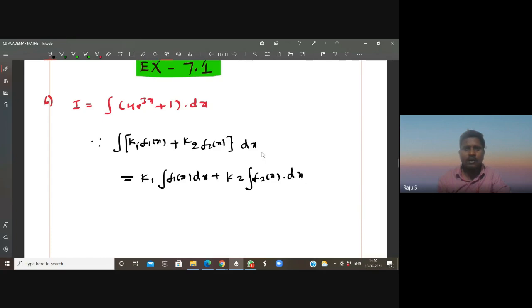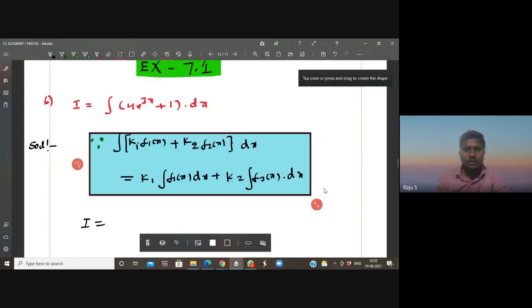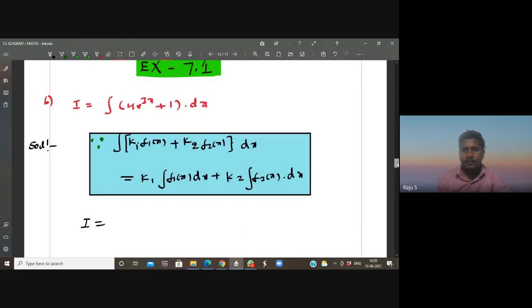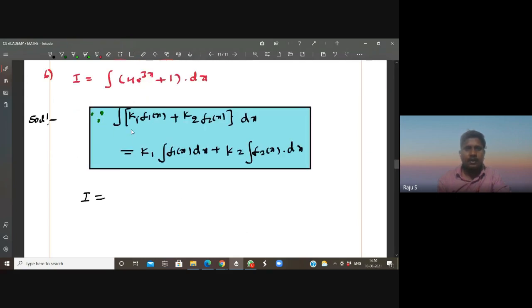This is not necessary in objective questions, but you must write the properties in NCERT. With the help of this, I am going to find the integral value. I is equal to, with the help of this property, yes, you can apply this property. 4 is a constant. I'm taking 4 outside.